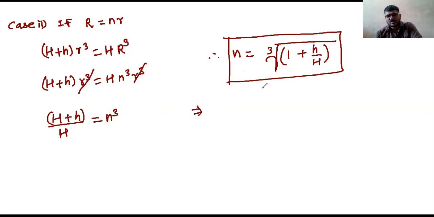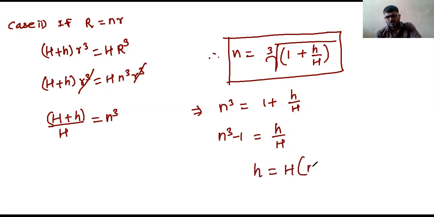Again, taking cube on both sides, N cube is equal to 1 plus h by capital H. N cube minus 1 is equal to h by capital H, and therefore h is equal to capital H into N cube minus 1. This is also the height.